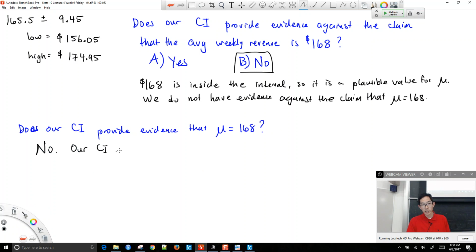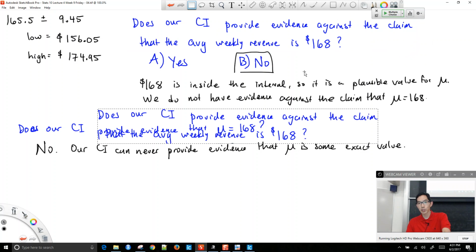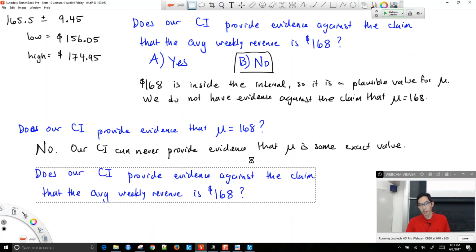Our CI can never provide evidence that mu is some exact value. I'm hoping this all sounds familiar, because we covered very similar questions except it was about proportions, right? But now instead of talking about the proportion in the population, we're talking about the mean of our population.